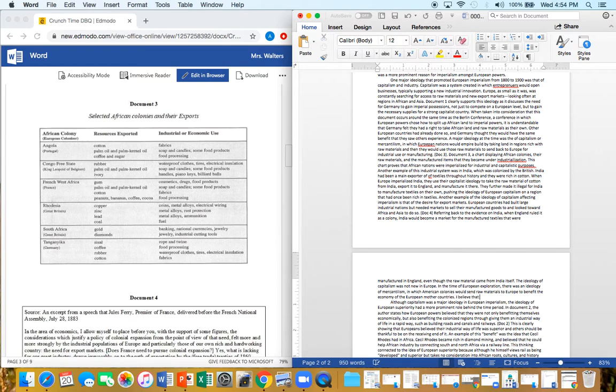I believe that is when this ideology benefiting Europe's economies began, and it continued into the industrial age.